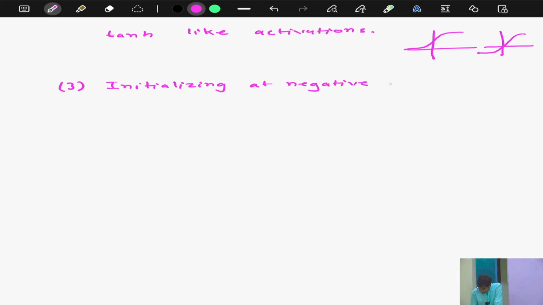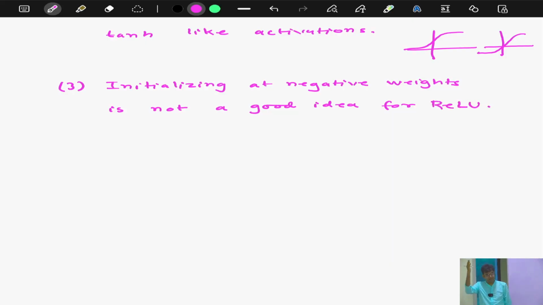I will not be able to complete the initialization today. Initializing at negative weights is not a good idea for ReLU.